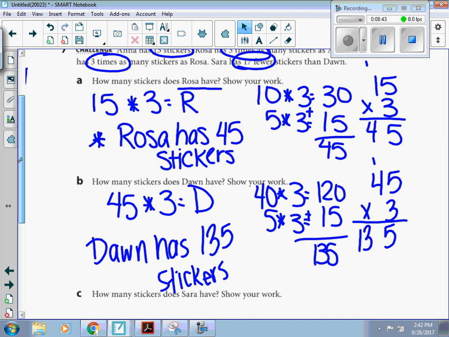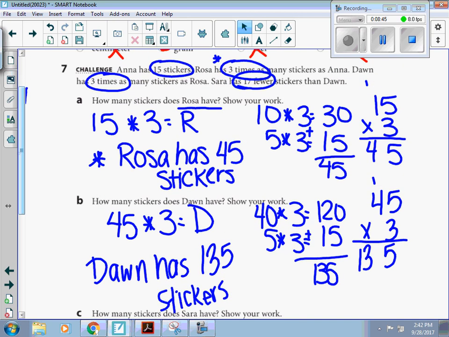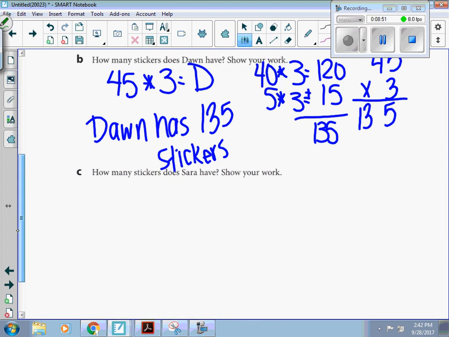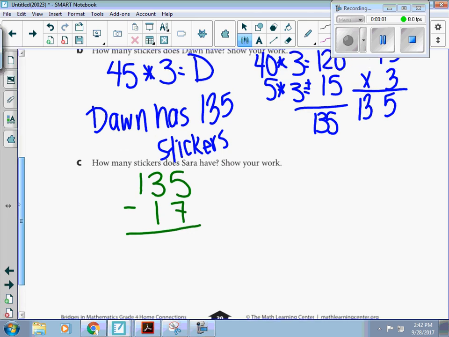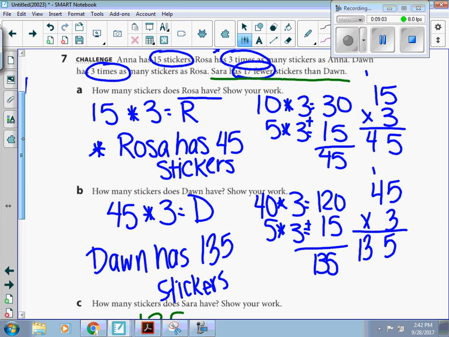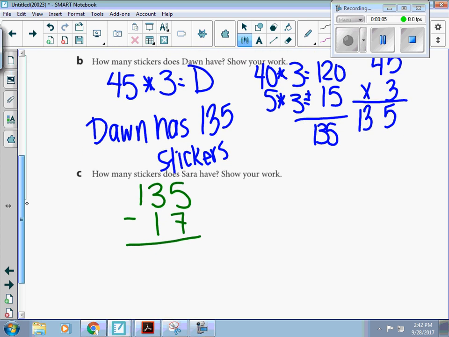Well, if I go all the way back to my story, I see that Sarah has 17 fewer than Dawn. Fewer tells me to subtract, so I'm going to take 135, and I'm going to subtract the 17 that's less, because it said in my story, back up to my story to double check, 17 fewer stickers than Dawn.